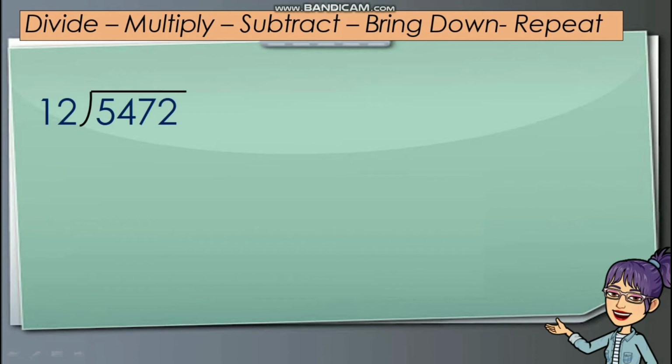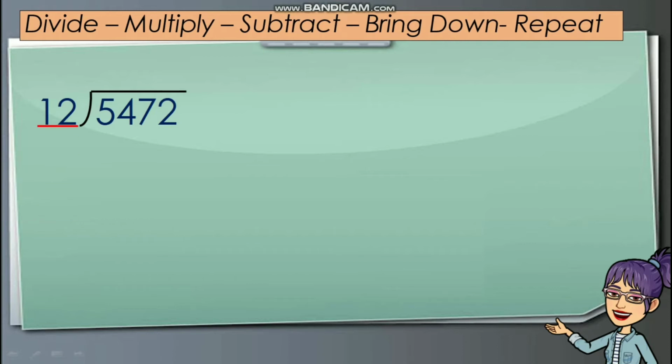Are you ready? How many 12 are there in 54? This is quite trickier because our divisor is not in the multiplication table. So we will figure it out by good guessing or estimating.